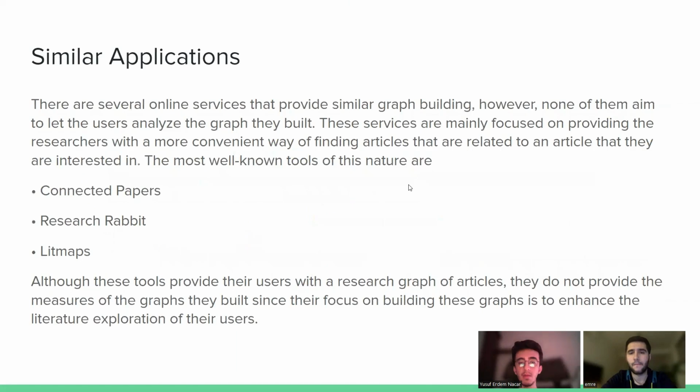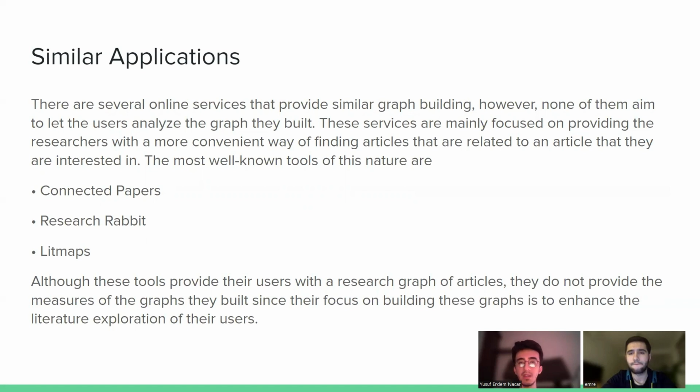And we will now discuss the similar applications. There are many applications where you can build graphs from articles or authors, but all of them are focused on providing their users with an enhanced way of doing literature research.